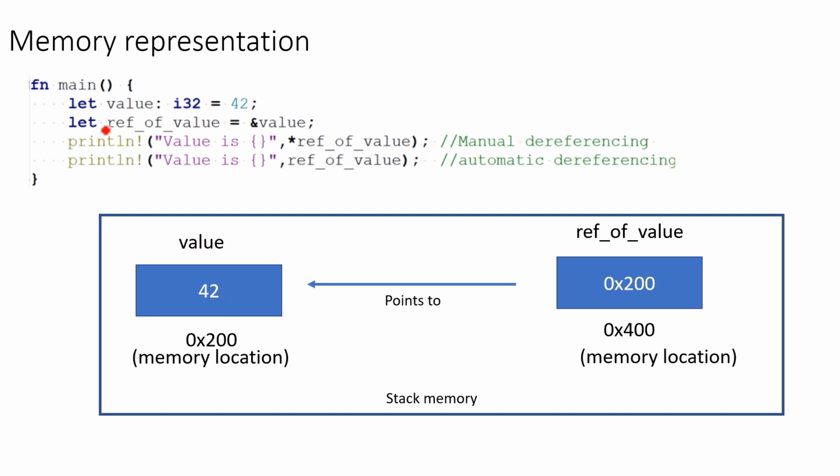And somewhere in the memory, this variable gets created, let's say at 0x400. What this memory location holds is the address of this variable, that is 200. That's why we can say visually this points to this, because it holds the address of this variable.